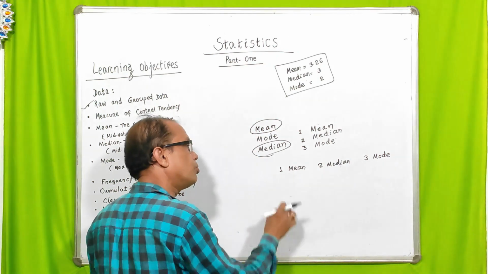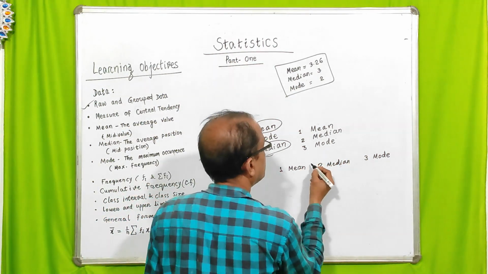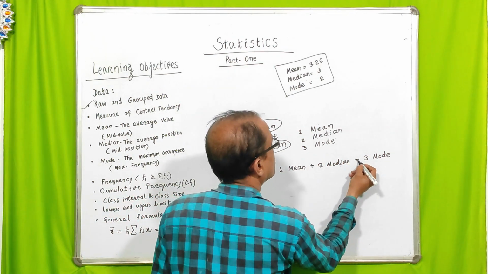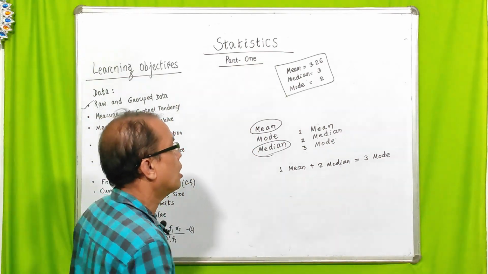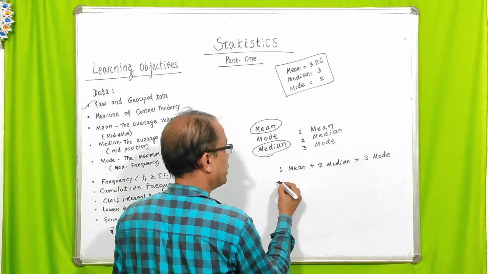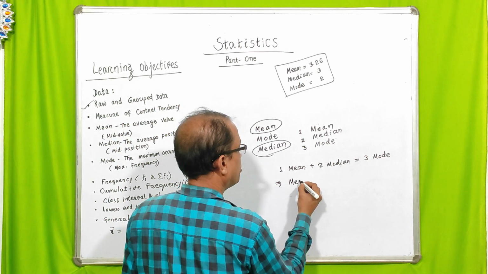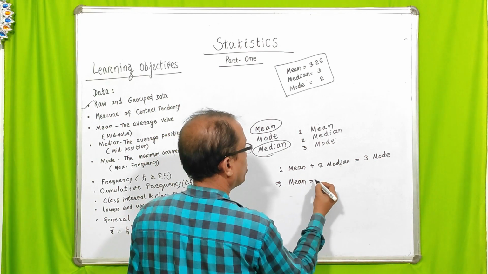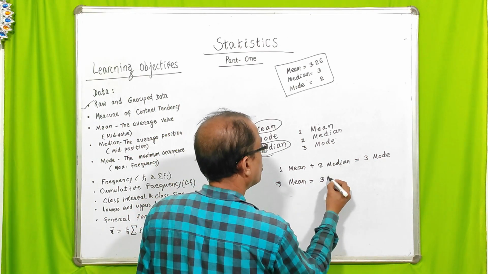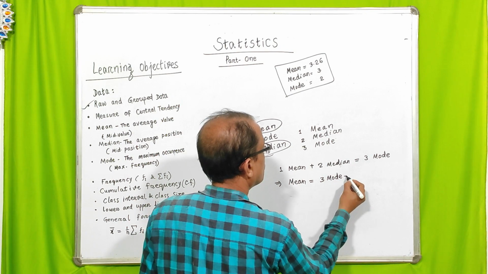We know that 1 plus 2 is 3, so we can add like this, and we can also write this as mean is equal to 3 mode minus 2 median.